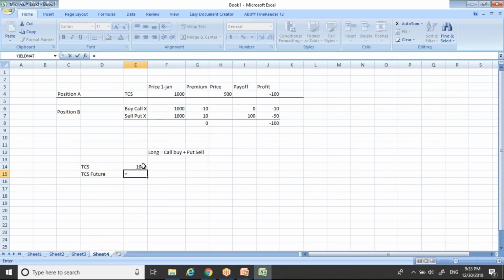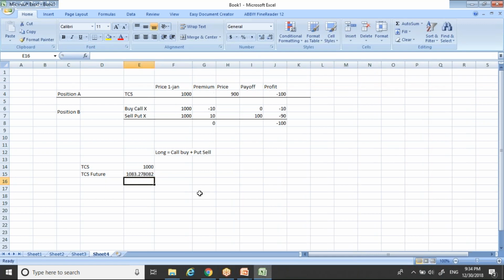So I'll add time value: spot into exponential, exponential is 2.718 raised to the power r. Let's suppose 8%, into time t. So let's suppose it is for 1 year only. So I keep it 1 year.